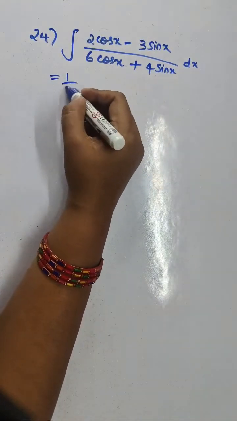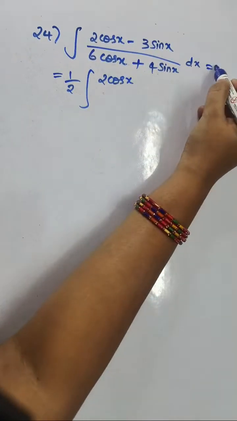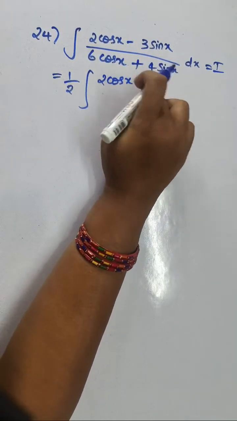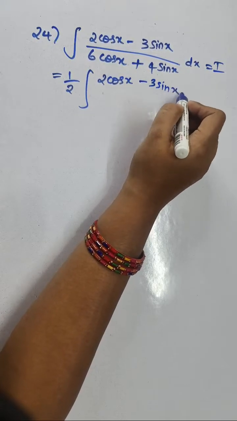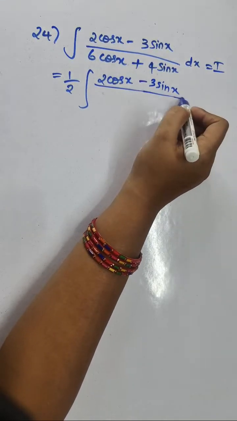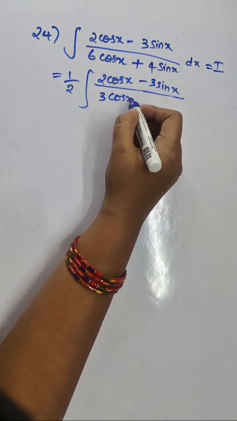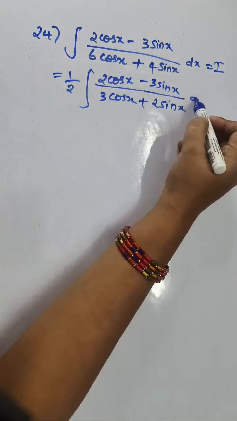So when we take 2 as common in the denominator, let us as usual take I. So 2 cos x minus 3 sin x by, we are taking 2 as common in the denominator part. So that becomes 3 cos x plus 2 sin x dx.